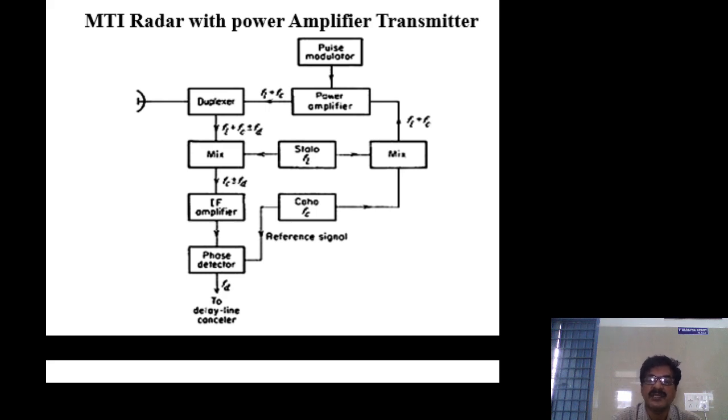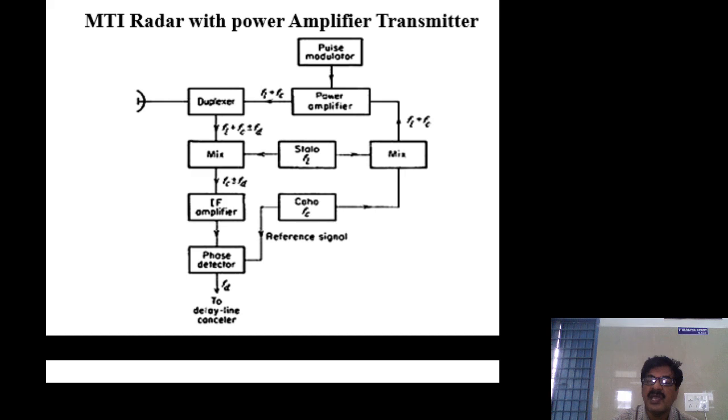The pulse modulator decides when the power amplifier amplifies and when it stops the amplification, meaning no signal comes out of the amplifier, so that the signal Fl plus Fc is converted into pulses.